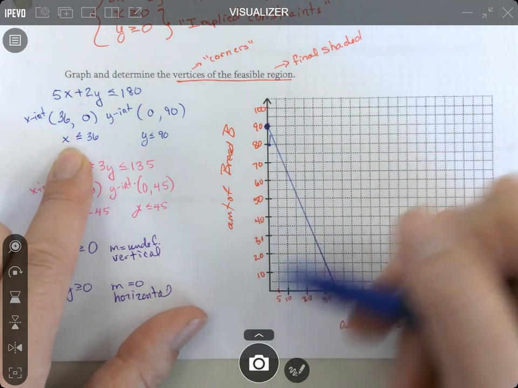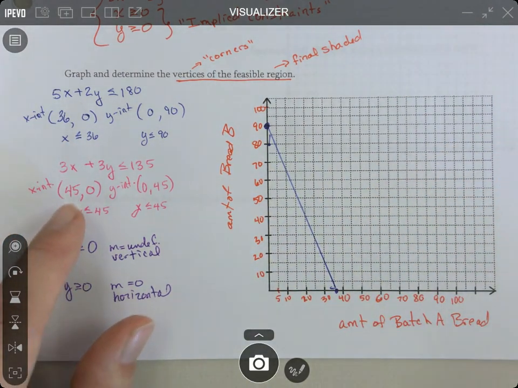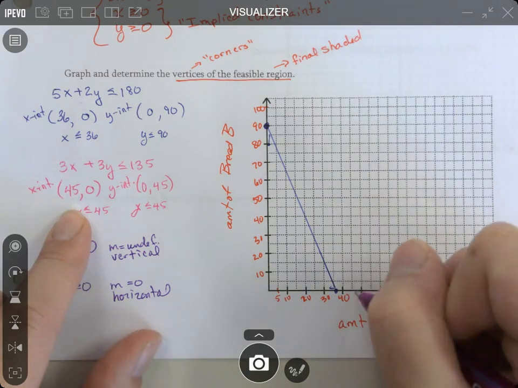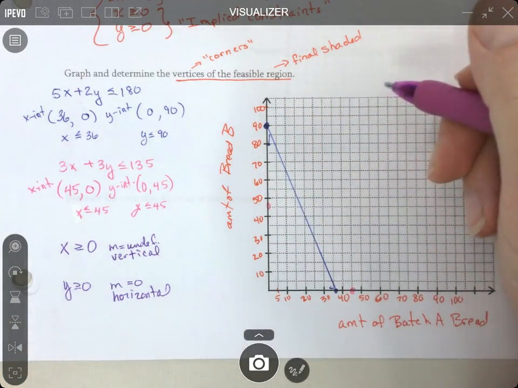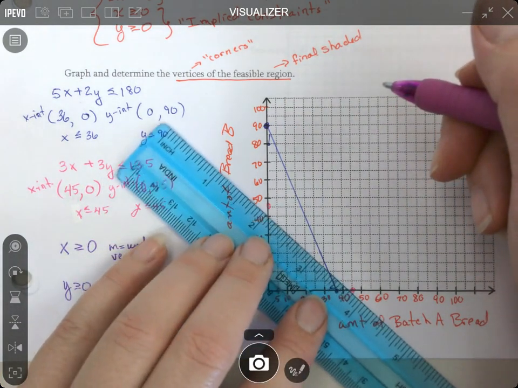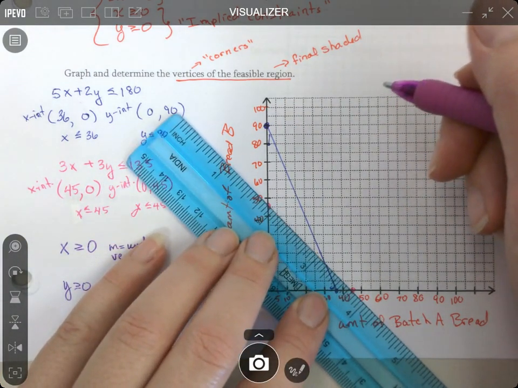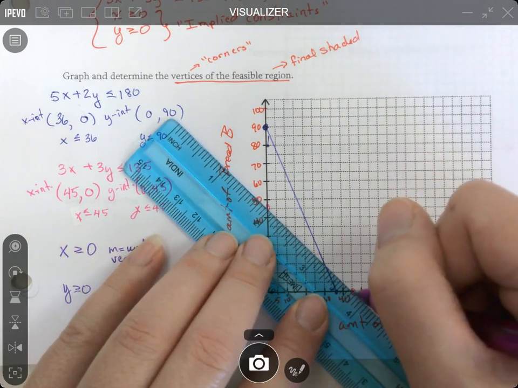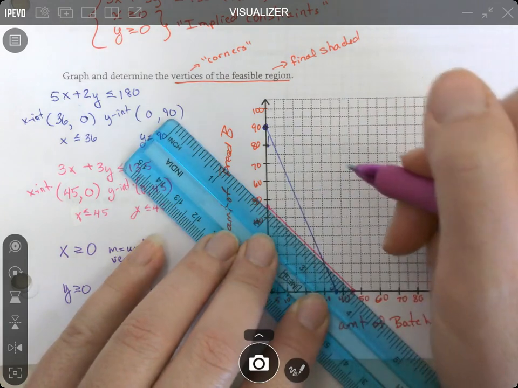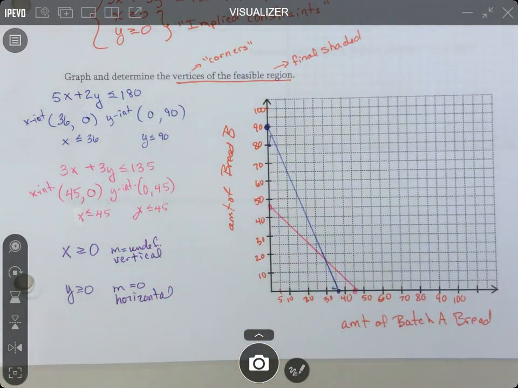Okay, I'd really be shading everything, but we know we're going to cut it off. All right, then this guy, we're going both for 45, 0 and 0, 45. And then we are going to draw our line, trying to get it as close to those little intersections as I can get. Notice these are solid lines because it can be equal to.